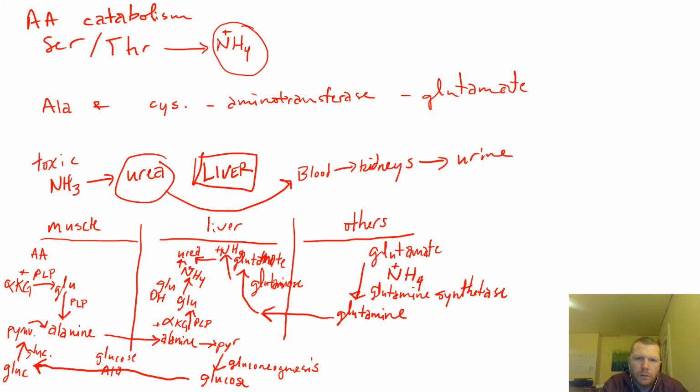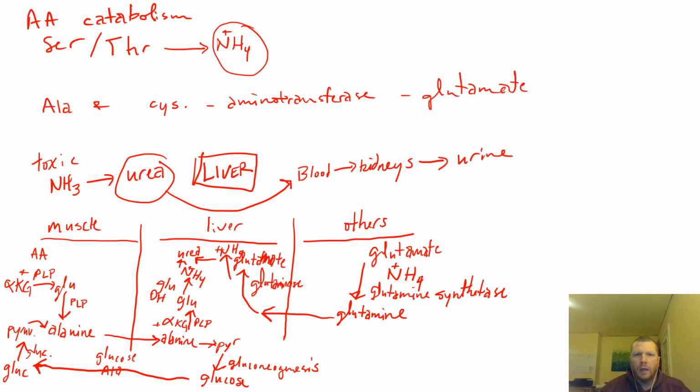If you're in the muscle, chances are what's going to happen is you're going to do a transamination reaction where you remove that nitrogen, or you simply transfer any free ammonium or ammonia onto an amino acid, or onto alpha ketoglutarate to make glutamate. So what I wanted to do with this was just kind of clarify that these processes do take place, and it's important to know what your sources are.